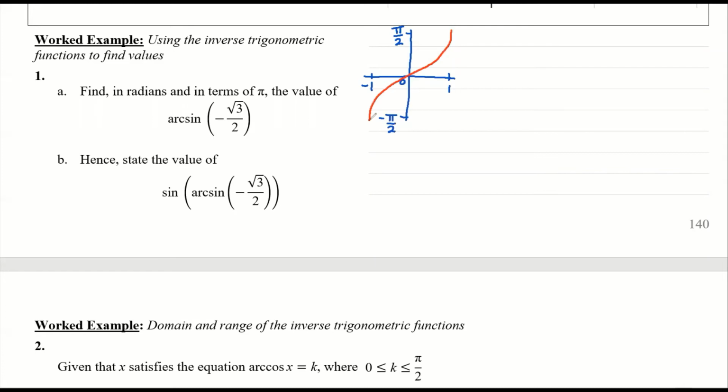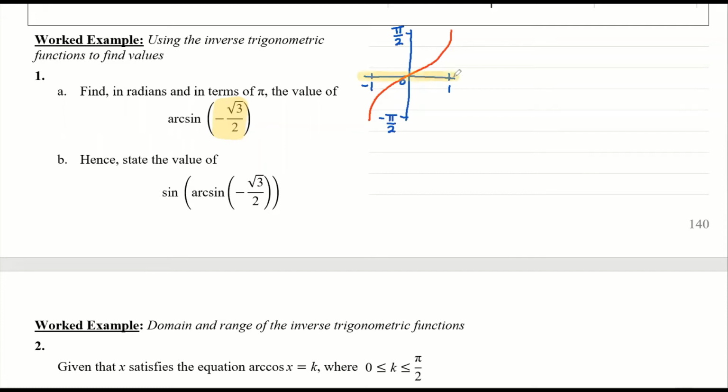Now, in terms of the question we've got in front of us, we've got to find the arcsine of this particular value, which is -√3 over 2. Now, there's a lot of information locked in that. The first thing I'd like to look at is where this would appear on our graph. Now, this is in the domain, of course.